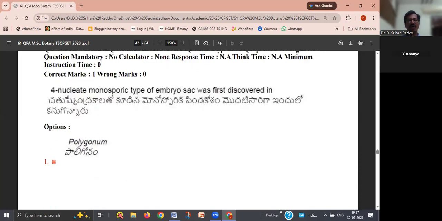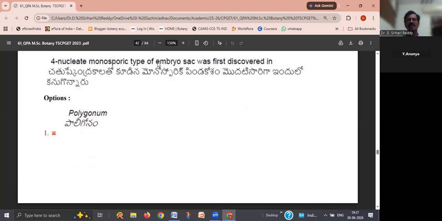Next, the 4-nucleate monosporic type of embryo sac was first discovered in. We know the monosporic type has 2 examples: polygonum type and Enothera type. Polygonum is monosporic but has 8 nuclei.